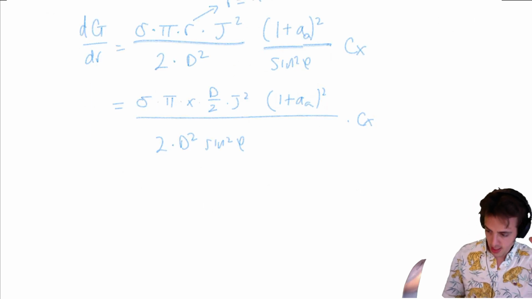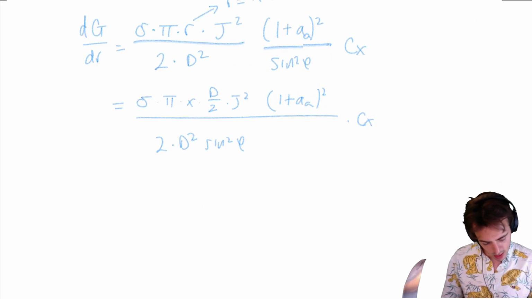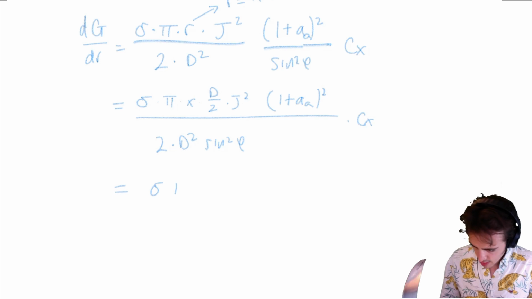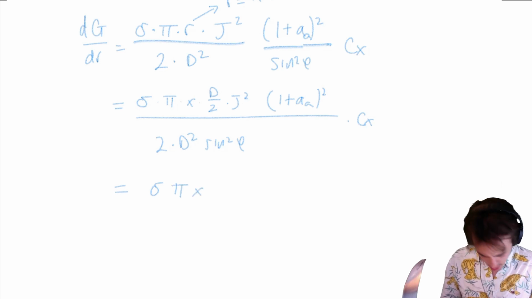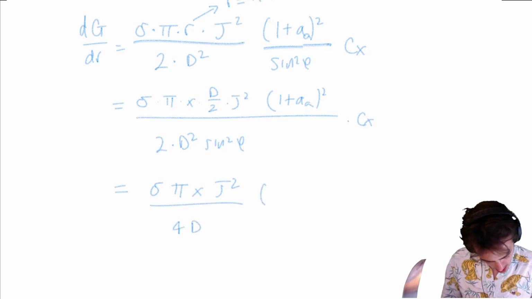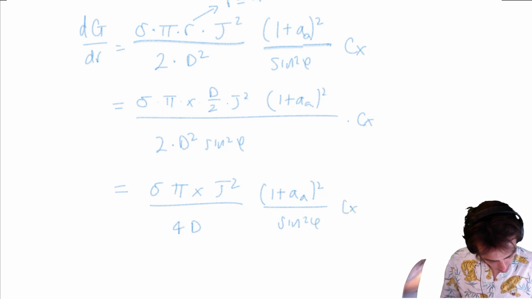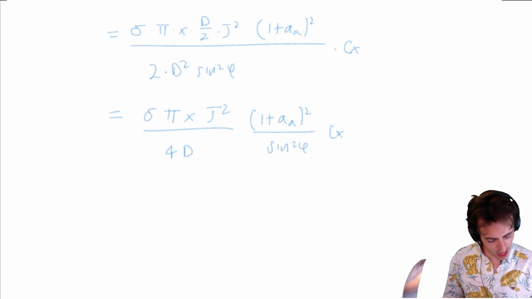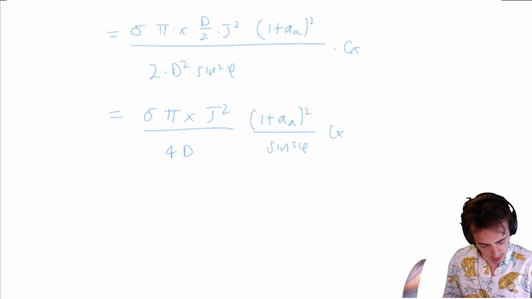So we've now got d's that we can help cancel, and we can bring this 2 down to the bottom as well. So I've got sigma pi x j squared over 4d 1 plus AA squared on sine squared phi cx. I tend to keep these as 2 fractions just because that's how I have always derived this, and it helps me remember it.